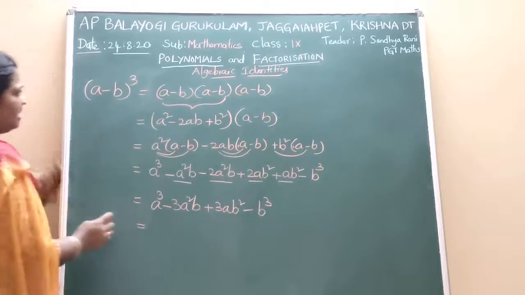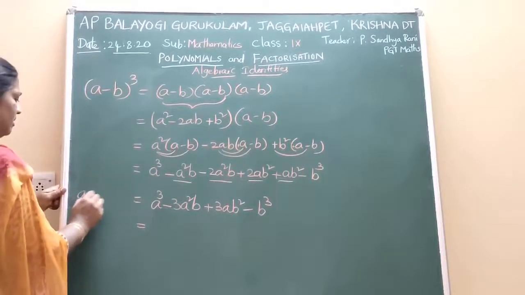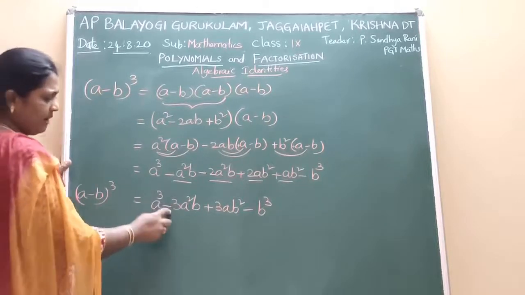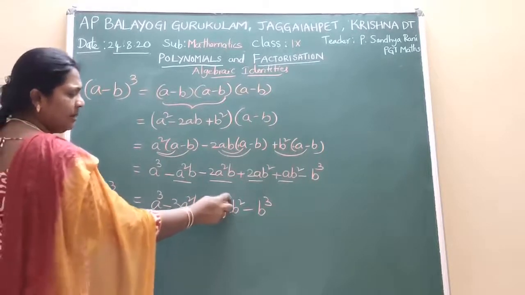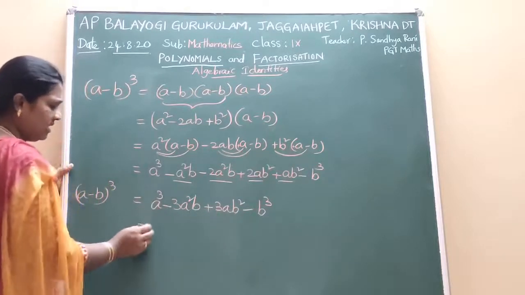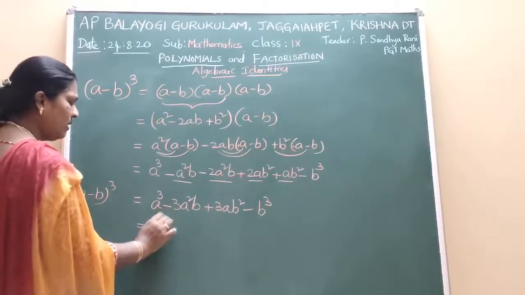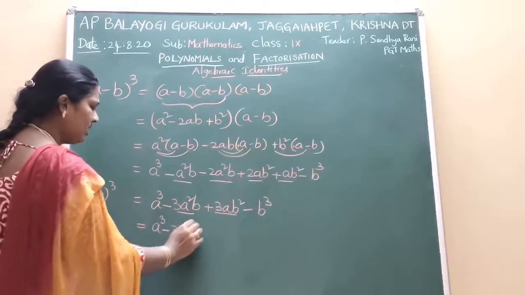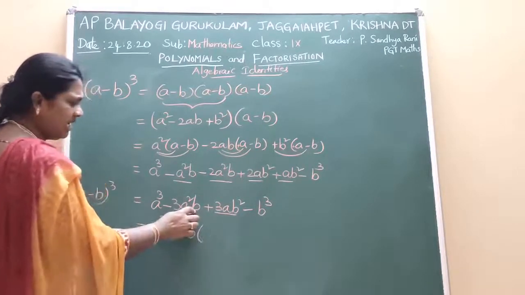So what we got: a minus b whole cube equals a cube minus 3a square b plus 3ab square minus b cube. Here we also can write like this. See, a cube. Here we are having common 3ab, no? Again we have to take common 3ab. What will remain here?